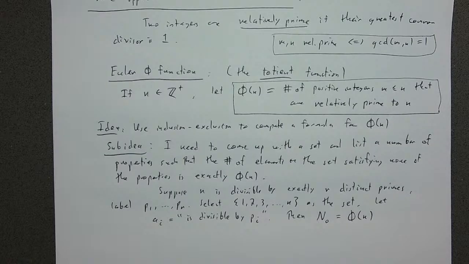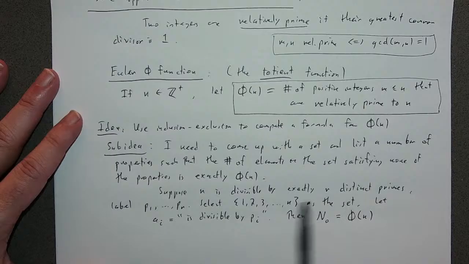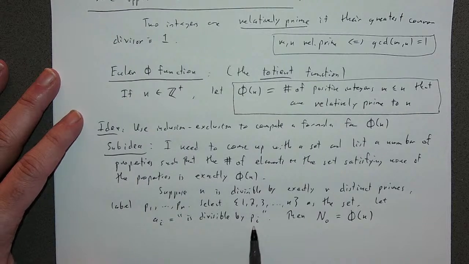So let's do the negation here. So let's think of what would happen if this wasn't the case. So for instance, let's suppose that a number is divisible by some p sub i. If it's divisible by p sub i, we know that such a p sub i also divides n.